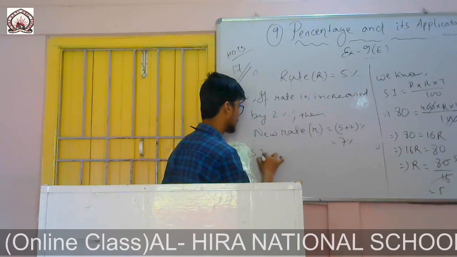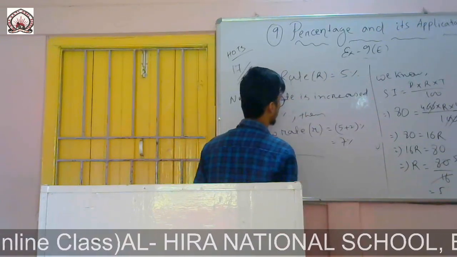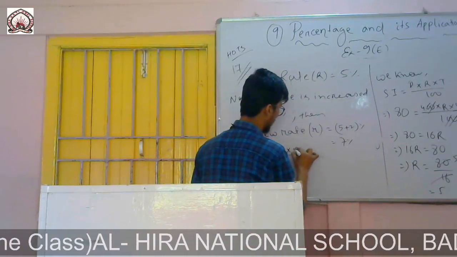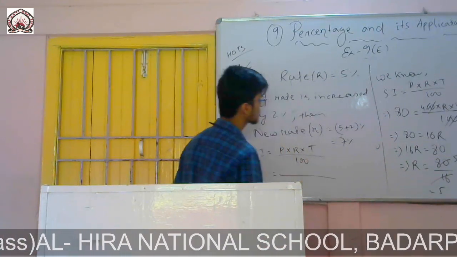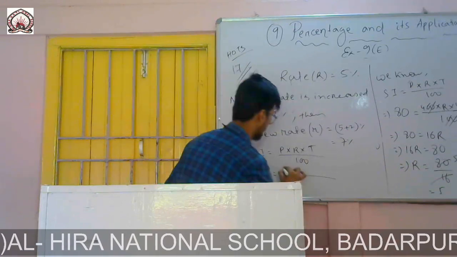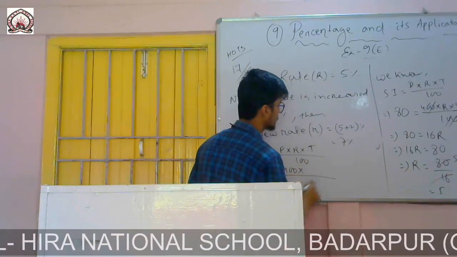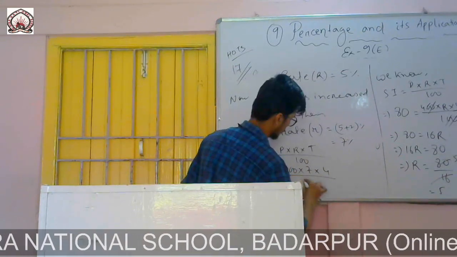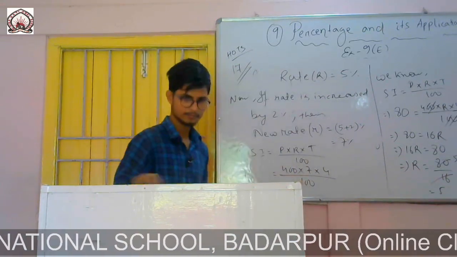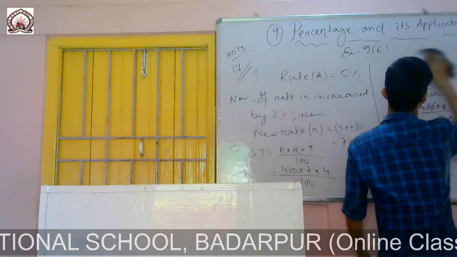First of all, I have to find the SI. SI will be PRT by 100, P into R into T by 100. P is 400, rate is 7, time is 4 years, and 100. Now I'll solve this.